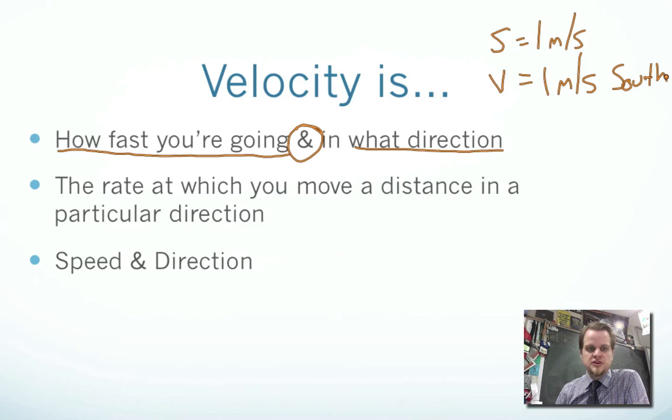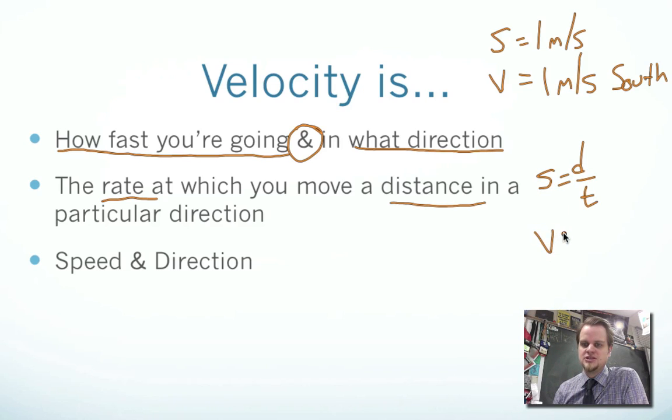So, another way of defining it is the rate at which you move a distance in a particular direction. Okay, the rate at which you move a distance, that's that whole idea of speed being distance divided by time, except now velocity is distance divided by time, but in a certain direction.